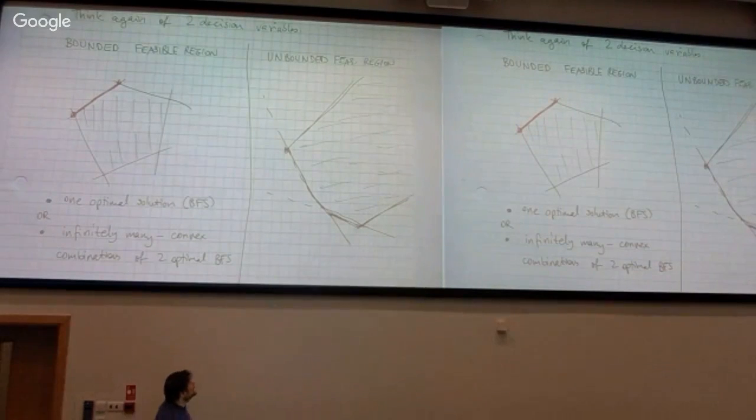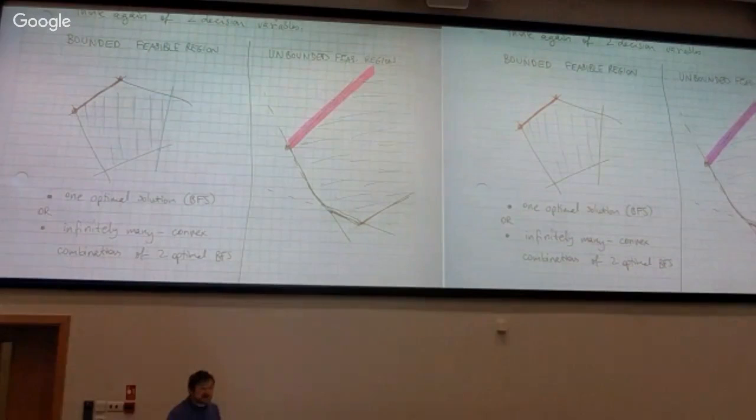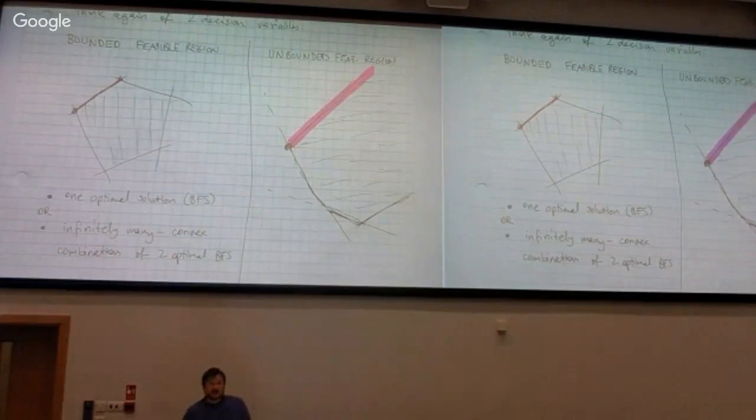In that case, it could happen that all these solutions are optimal. So you have infinitely many optimal solutions, but only one of them is a basic feasible solution, only one of them is this corner here. That could also happen.